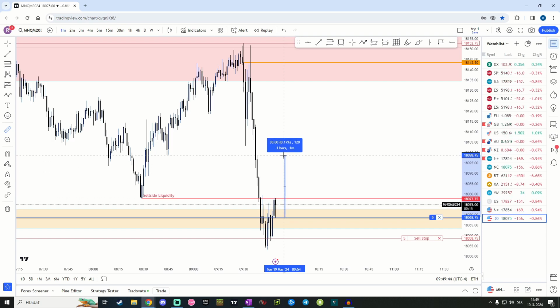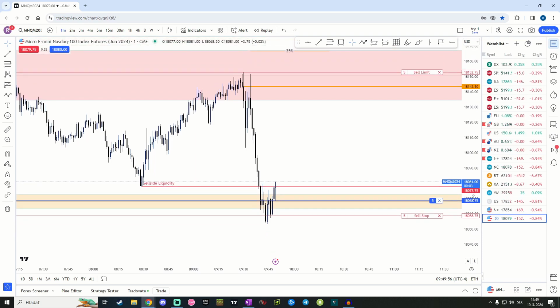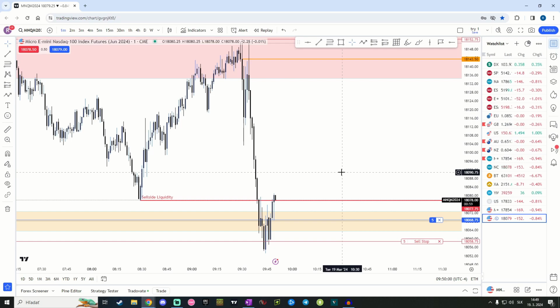Then reach for this one. I'm not sure if this one is maybe too far. For now, I will not put any take profits yet. I will just see how the market reprices. But so far looking good.